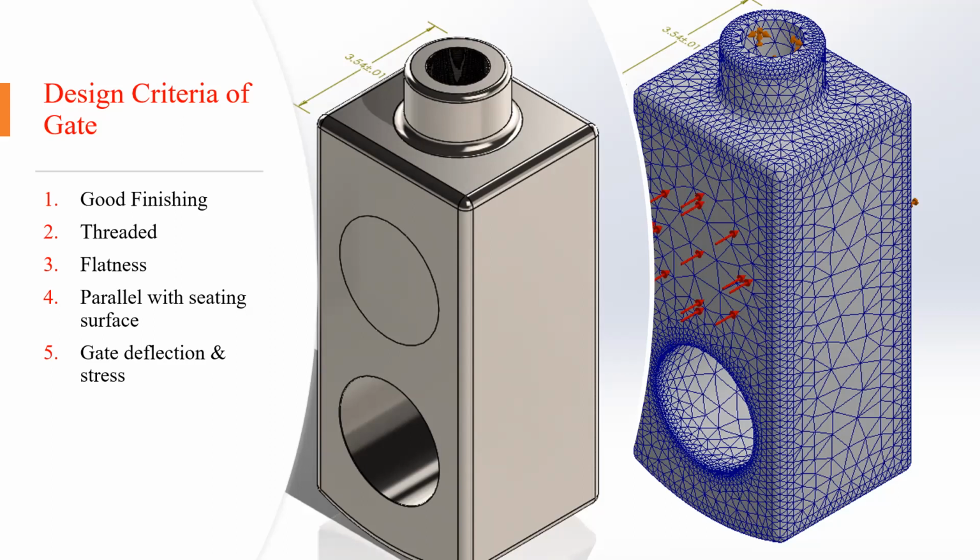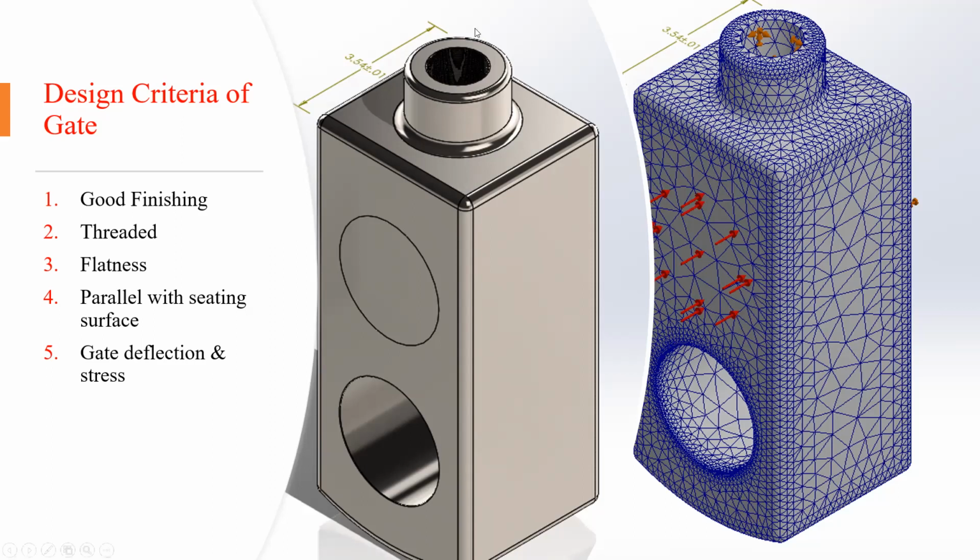That means we have a low probability of leakage in our design from the gate. As well, our gate is connected with the stem with a thread. Also, we do the gate deflection and stress analysis to make sure our design is working properly.